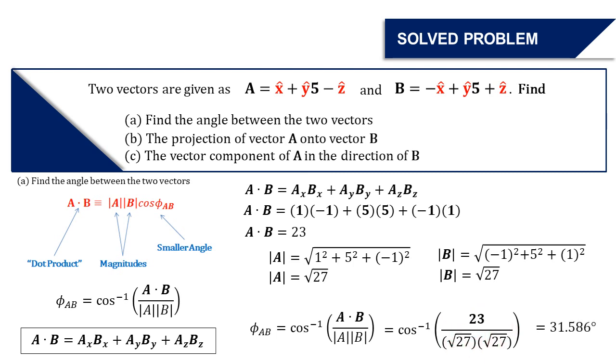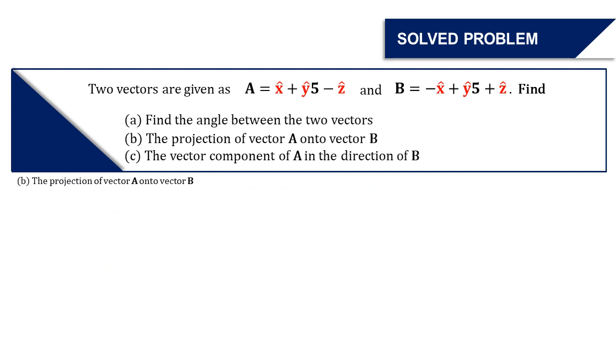And in degrees, it is equal to 31.586 degrees. Okay, so yan yung angle between these two vectors. So yung mga ibang sagot natin dito, nakuha natin, gagamitin pa natin yan doon sa mga susunod na questions. Okay?